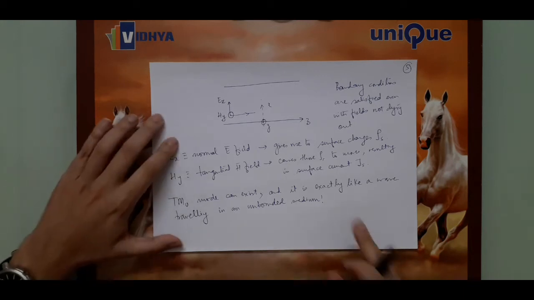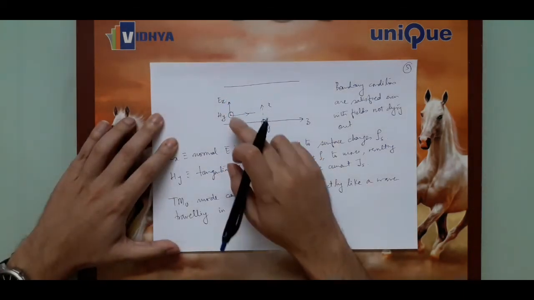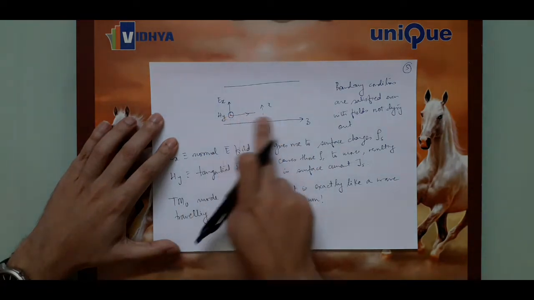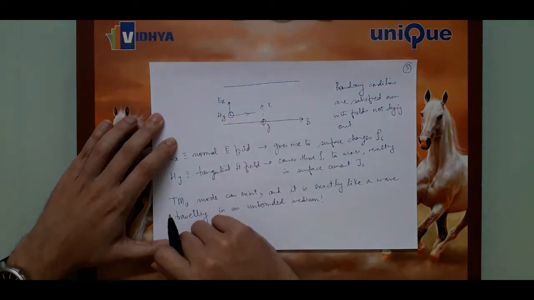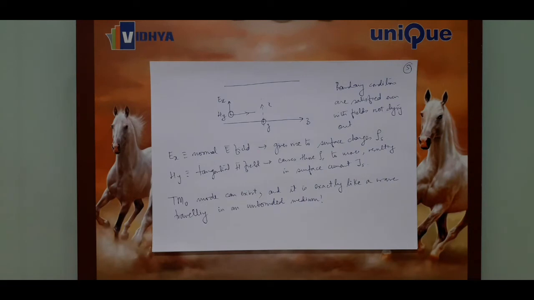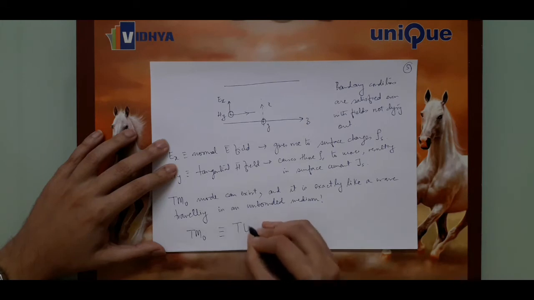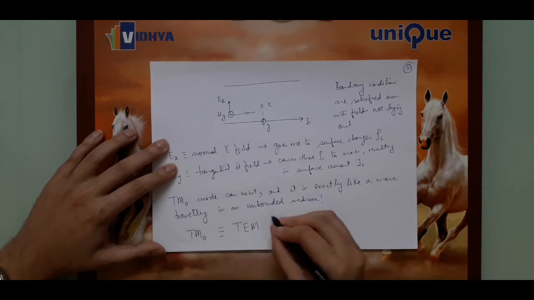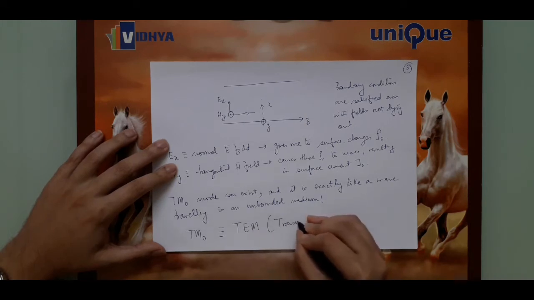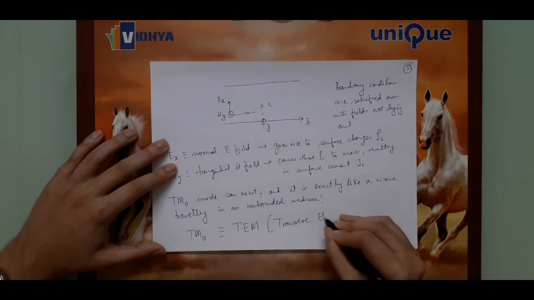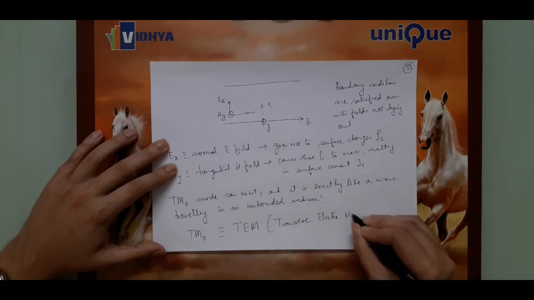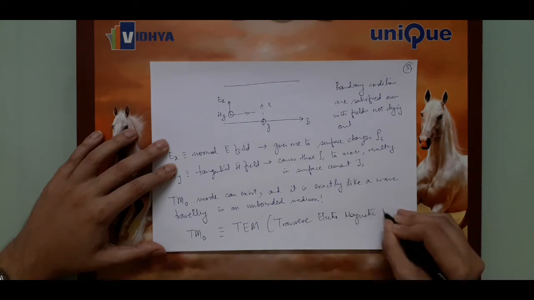Now what you notice is that the electric field, the magnetic field, and the direction of propagation of the wave are all mutually perpendicular to each other. So this TM0 mode is also called the TEM mode, or the transverse electromagnetic mode.